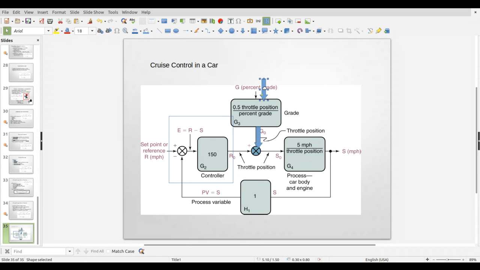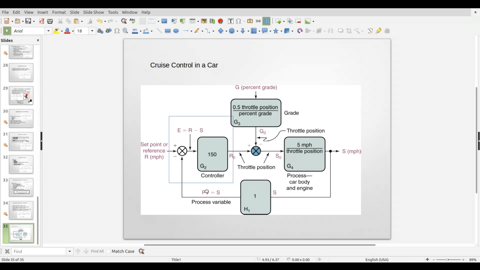And so this is the disturbance into this extra summing junction here. The second summing junction is showing you the disturbance, and that's going to cause you to slow down, which is why there's a negative sign. It's coming in as a negative because going up the hill would be slowing it down.